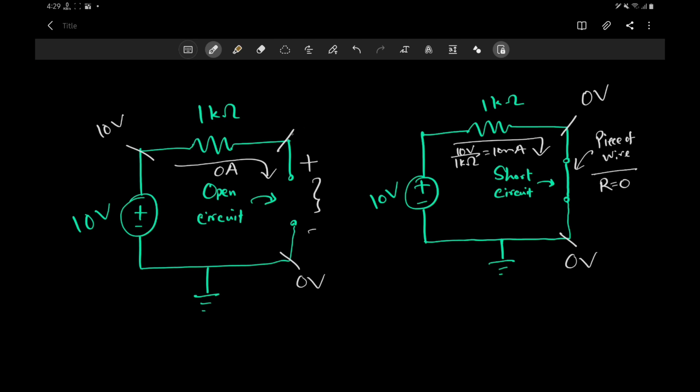Well, this node is actually also 10 volts. Why? Because there is no current, you can use Ohm's law on this resistor to figure out that since there is no current, there is no voltage difference between these two endpoints. So that's exactly the same voltage that will appear here. So you actually have a 10 volt voltage difference here.